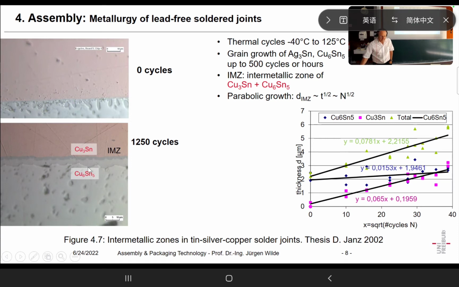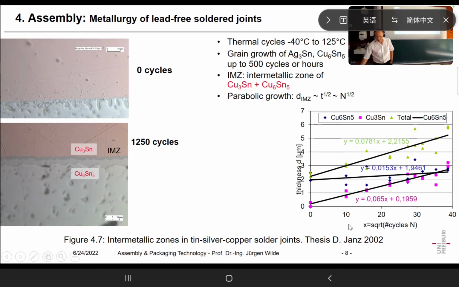And here we can clearly see the two intermetallic phases. To the copper side, copper-3 tin, that's a thinner layer. And here it's a thicker layer of copper-6 tin-5. Here that looks still fine. Here we do not have cracks yet.